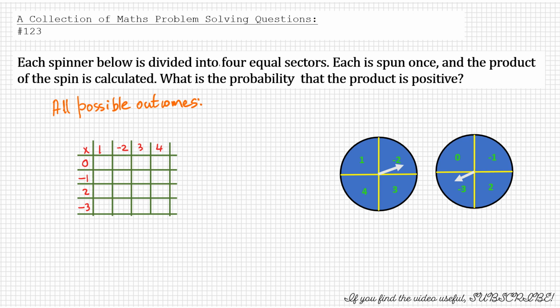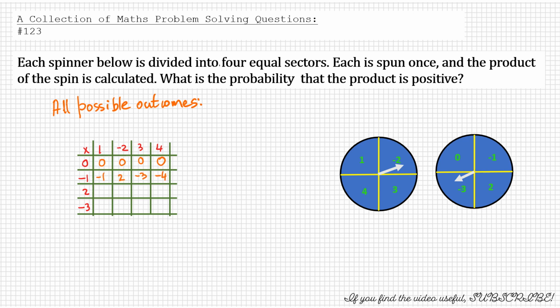So you see, we write down 1, 2, 3, 4. That's all the numbers on the first spinner, and then 0, -1, 2, -3, all the numbers on the second spinner. And when you multiply them, if you have 0 on one spinner and 1, -2, 3, 4, all the outcomes, the product will be 0.